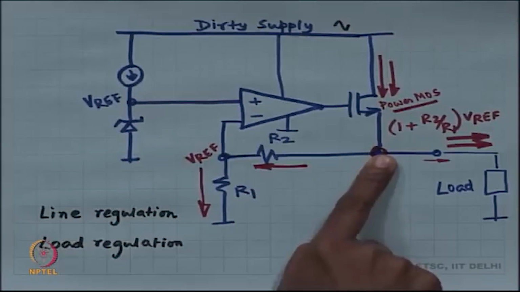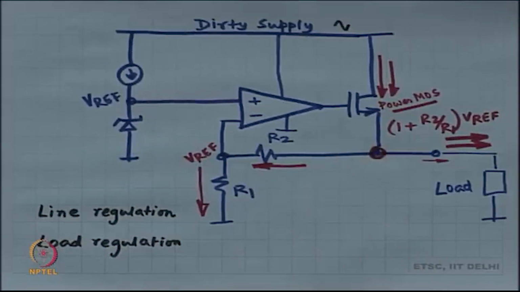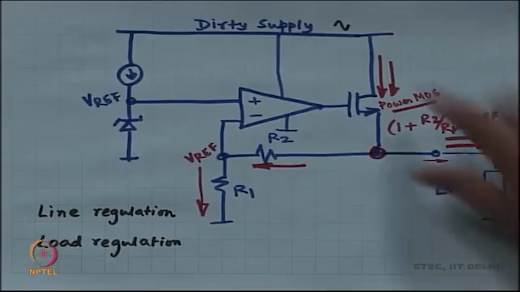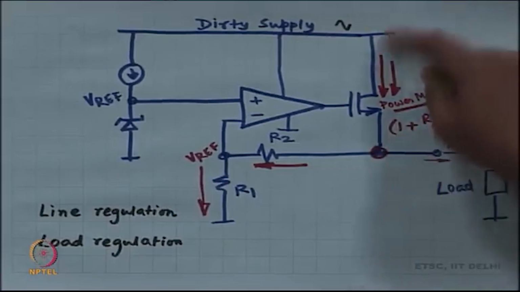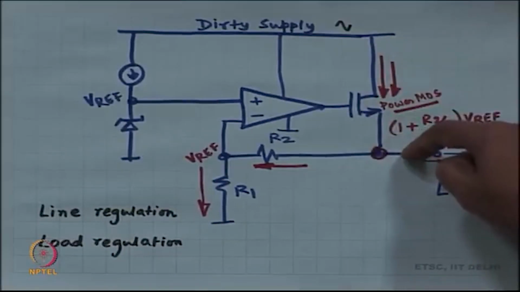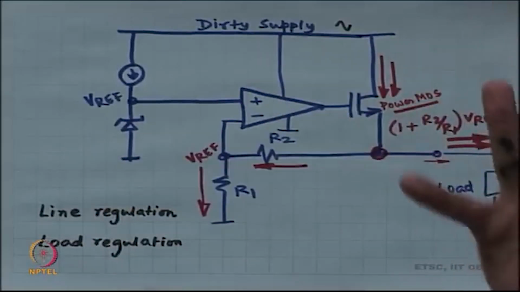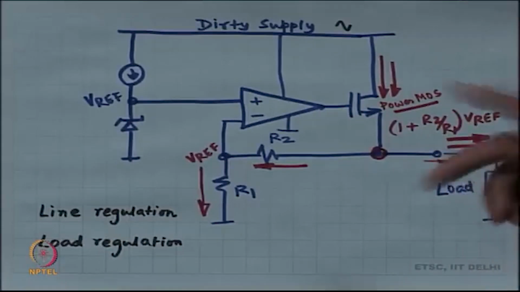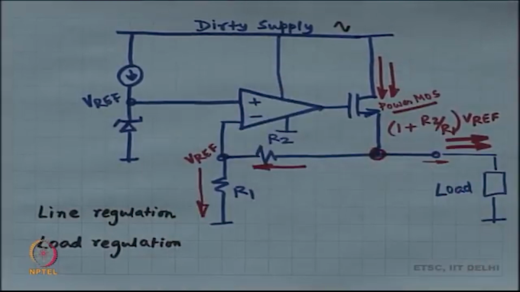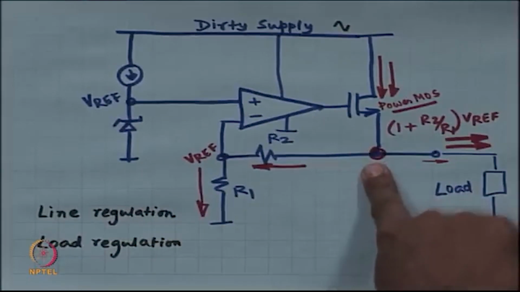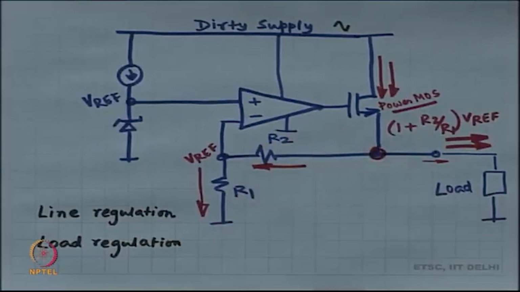So, that is line regulation. Is that okay? First of all, this has isolation, drain to source is isolated, but it is not just that we have over here. It is not just drain to source, we also have this feedback, and the feedback makes sure that this voltage is absolutely steady.